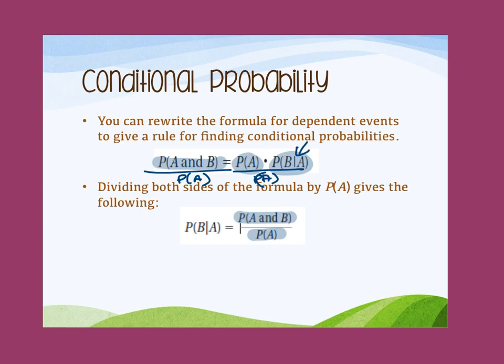Sometimes it will say, if the probability that B and A both occur is this, and the probability that A occurs is this, what's the probability that B occurs given A? You can just solve it for the other missing thing.